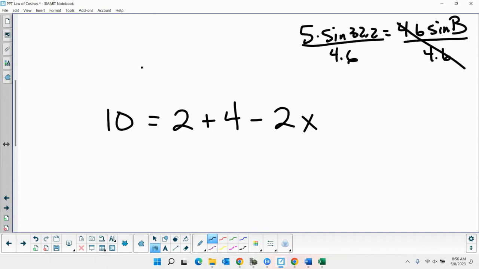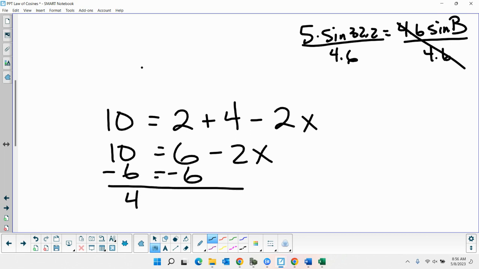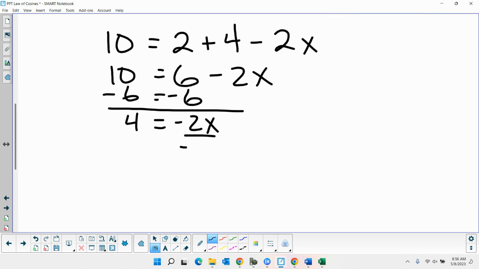Add like terms, 2 plus 4. I would do that. Good idea. Now what? Take the 6 over, right? Now what? Divide by -2, right? We all know how to do that, don't we?